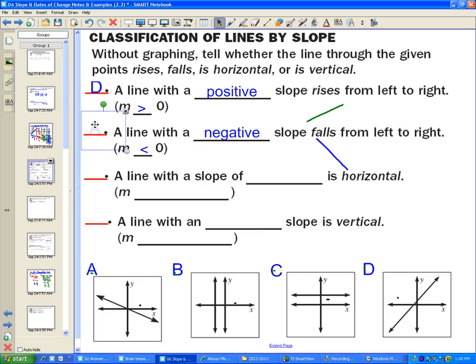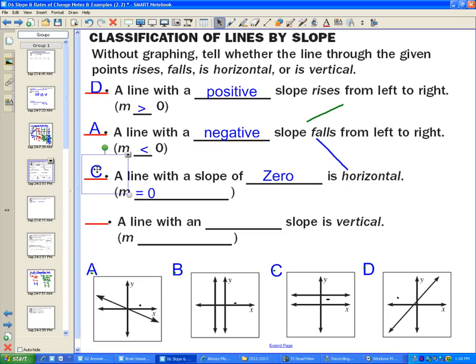That has to be A. A line with a slope of blank is horizontal. So again, I'm now looking at the difference between vertical lines and horizontal lines. Horizontal lines, remember, had 0 slope. So the slope is equal to 0, and that's a horizontal line, so that's C.